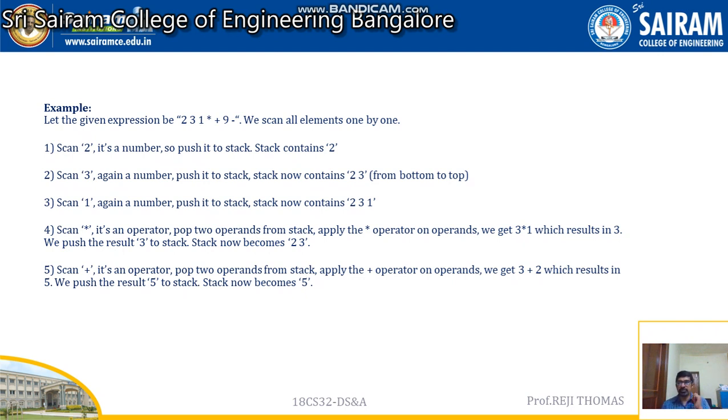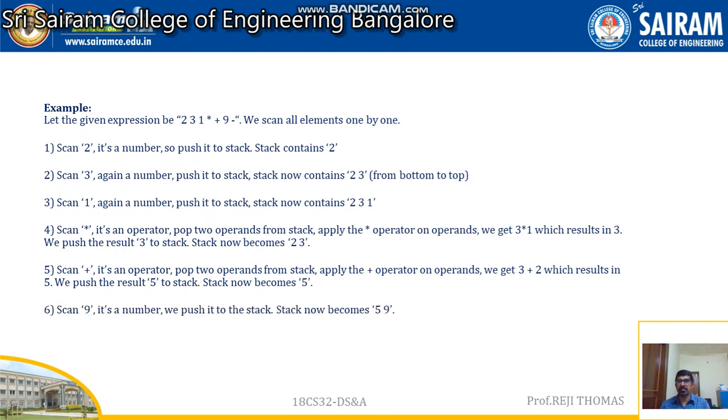So you have to perform 2 plus 3, not 3 plus 2. 3 is operand number 2 and 2 is operand number 1. So you'll be getting 2 plus 3, which is going to be 5. Now push the result 5 to the stack. Now what is there in the stack? Stack has got a single element which is 5.